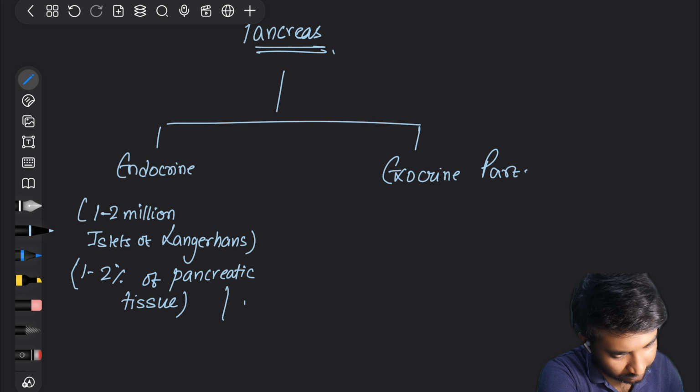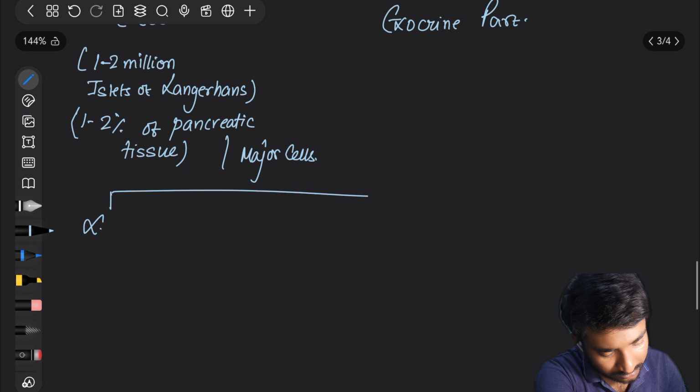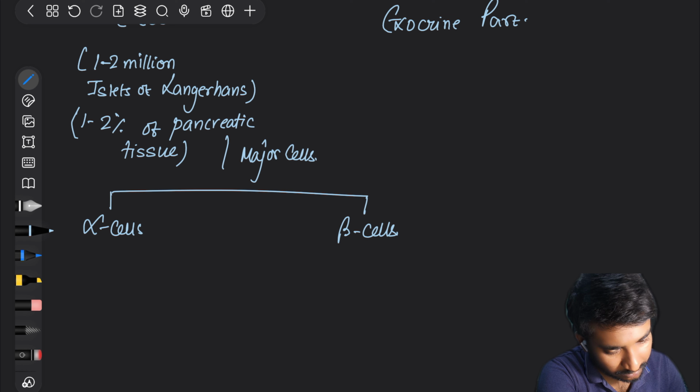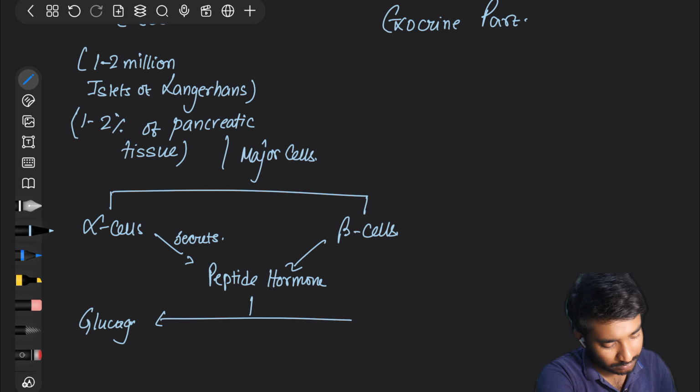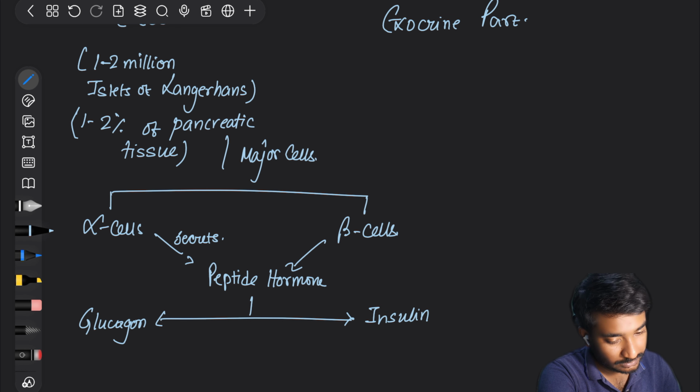The major cells are alpha cells and beta cells, which secrete peptide hormones. Alpha cells secrete glucagon and beta cells secrete insulin.